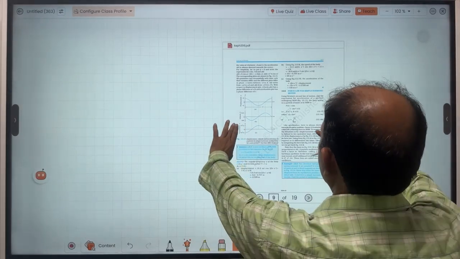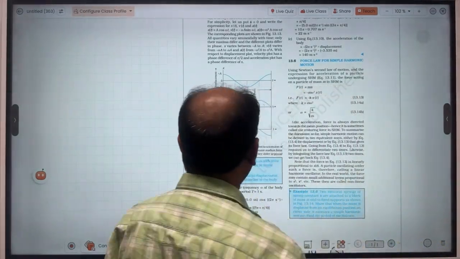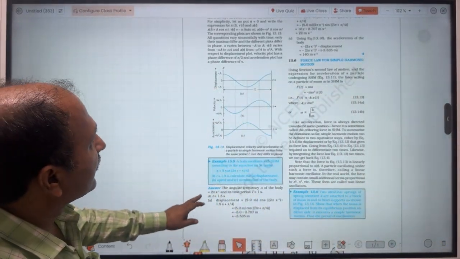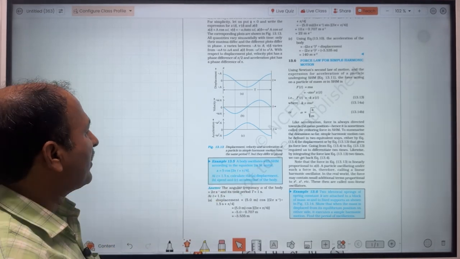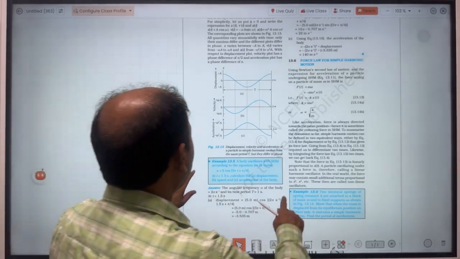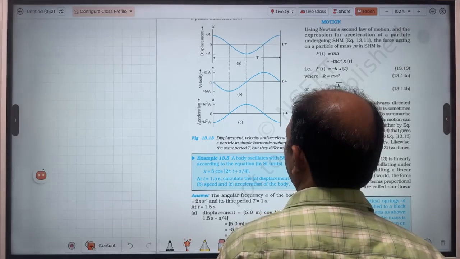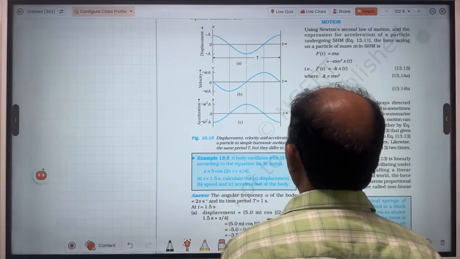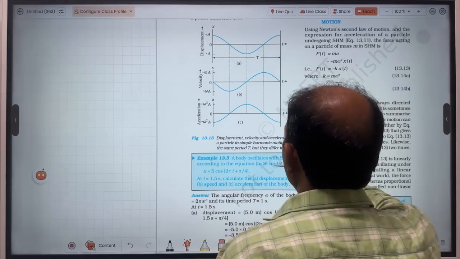We will see some simple relations. Here this is given: a body oscillates with a simple harmonic motion according to the relation x equal to 5 cos 2 pi t plus pi by 4. At t equal to 1.5 second, you have to calculate the displacement, speed and acceleration.